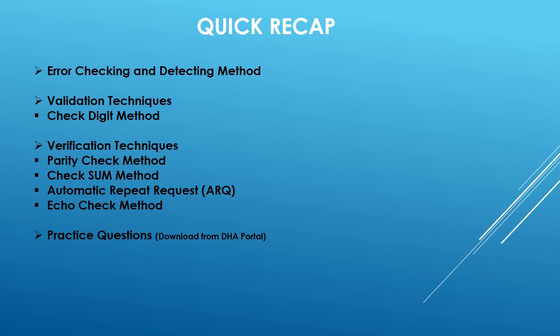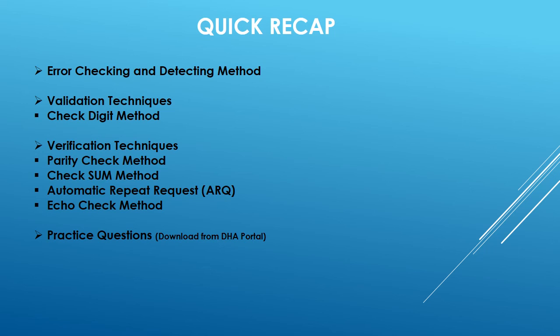Then we talked about verification techniques. Verification basically is a way of preventing errors when data is copied from one medium to another, whether it is from paper to disk or from memory to your USB or any other device. There are various methods to verify the data.